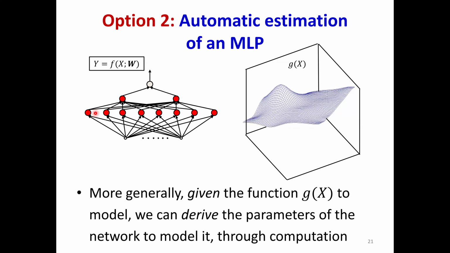Then you want to construct a network f(x; w), where the semicolon separates the input to the network from the parameters. The w includes the weights and biases of all the perceptrons in the network. Given g of x, our problem is to figure out how best to set w so that this network computes g of x as close to exactly as possible.